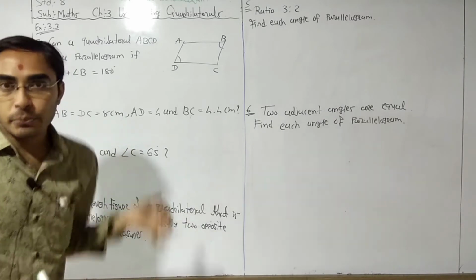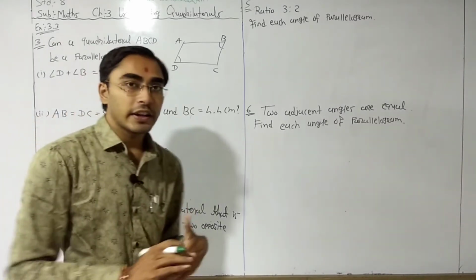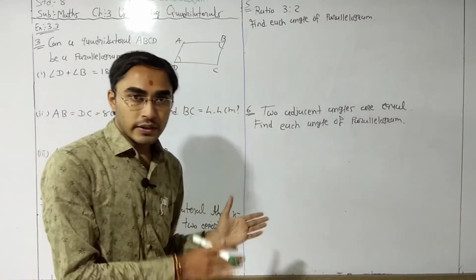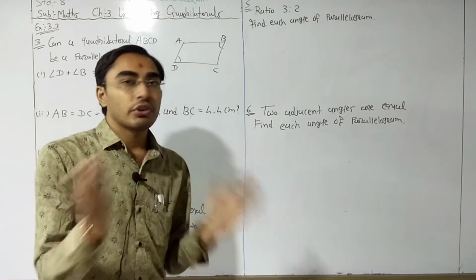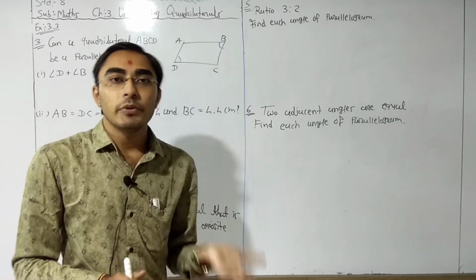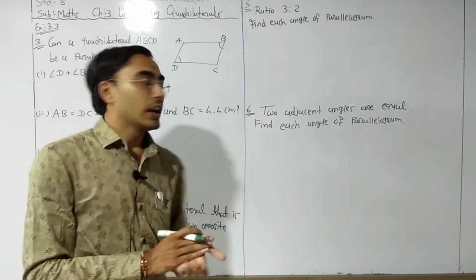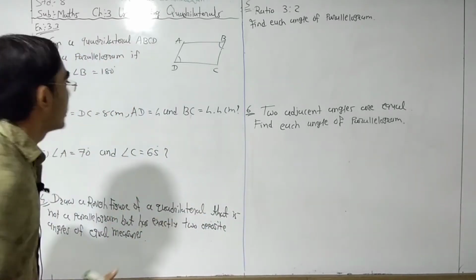Yes, sometimes it is possible if we have a square or rectangle, because in a square and rectangle all the angles are 90 degrees, so the sum of opposite angles can be 180 degrees, right? But every time it is not possible.